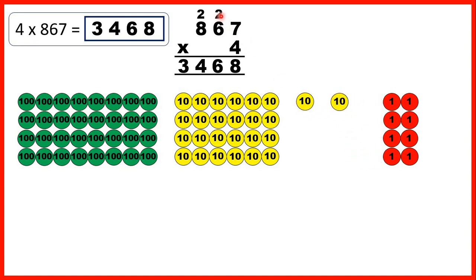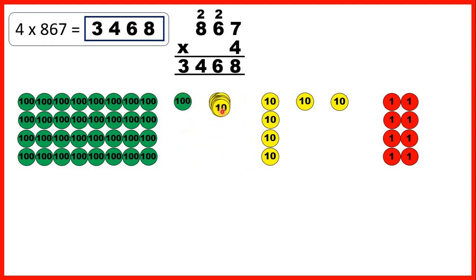So we write the 2 tens that we've made above our tens digit and the 8 ones as the ones digit of our answer. Now we have 26 tens, but 10 tens can be exchanged for 100. So now we have 2 hundreds and 6 tens. The 2 hundreds that we've made can be written above our hundreds digit, and then the 6 tens goes in our answer.